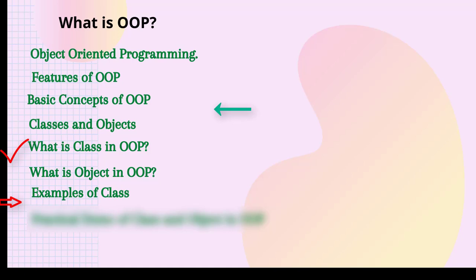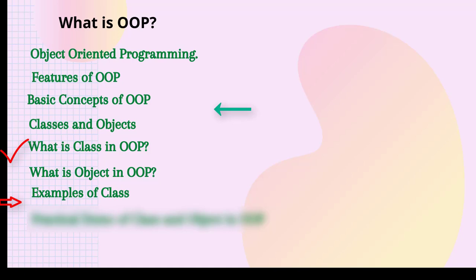And the last example for classes is a laptop. A laptop has model, price. These are the features of a laptop. A laptop also has a keyboard, touchpad, screen, speakers, ports.